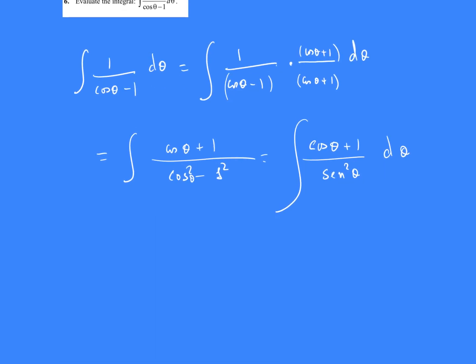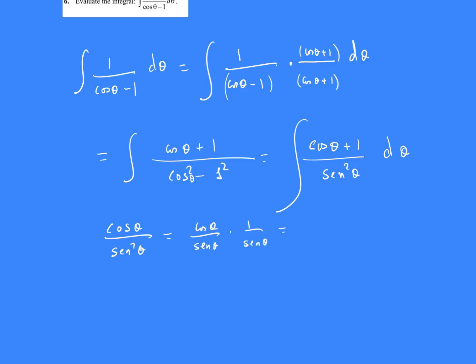So let's write it this way. The cosine of theta divided by sine squared of theta is cosine of theta divided by sine of theta multiplied by 1 divided by sine of theta.